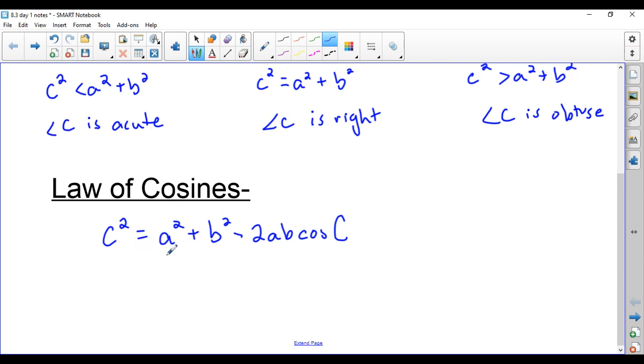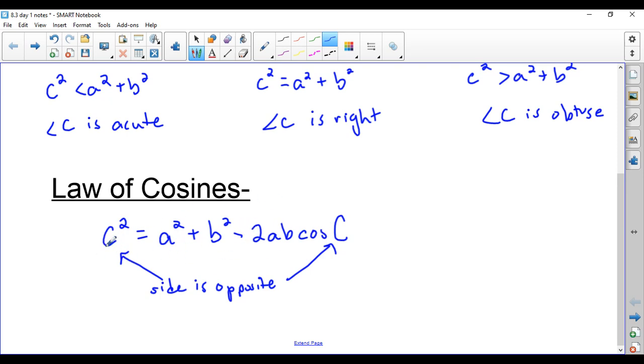When you use law of cosines, the letters may not be the same. The key is that this side is opposite this angle. So in some cases, you may use A squared equals C squared plus B squared minus 2CB cosine A. These letters can change around.